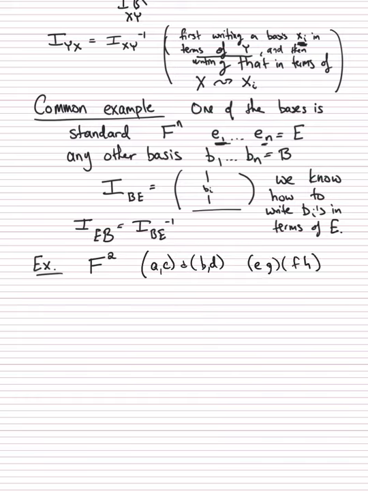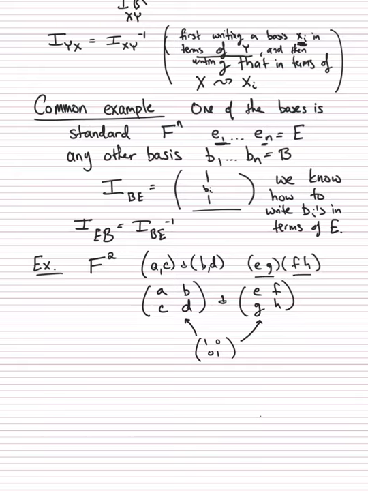I tried to do it in the way that I would get AC, BD, and EFGH. So this sends the standard basis to the vectors A, B, C, D. This sends the standard basis vectors to the basis E, G, F, H.